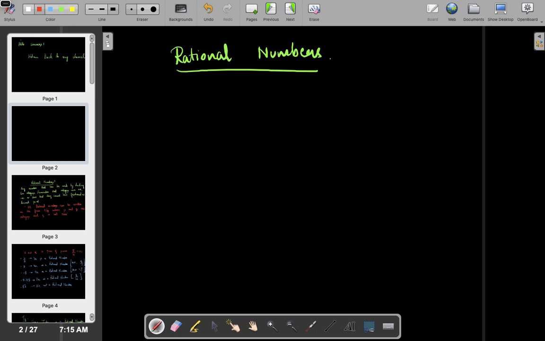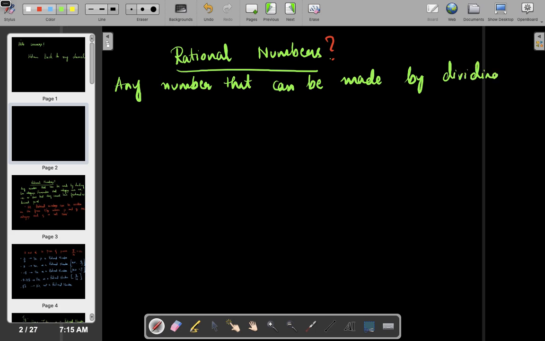First, let us see what exactly is rational numbers. Any number that can be made by dividing two integers. And remember, what are integers?